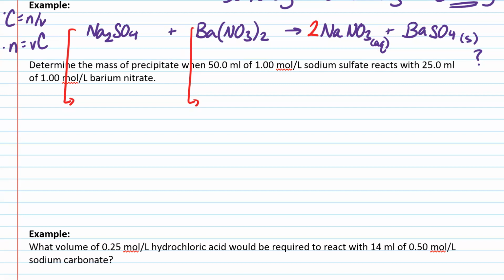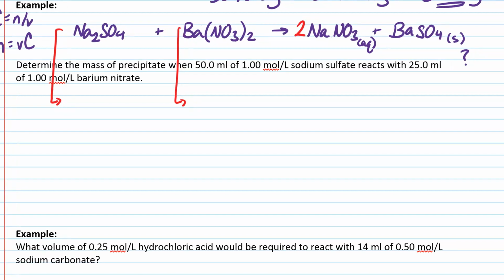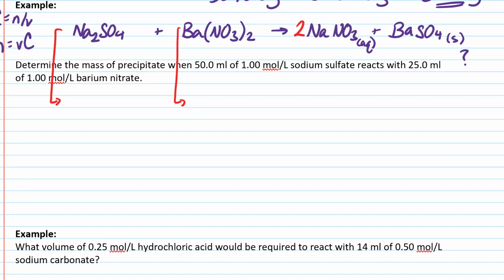But n equals volume times concentration. Let's look at sodium sulfate. We have 50 milliliters of a 1 mole per liter solution. So the number of moles is going to equal its volume in liters, so not 50 mL but 0.05 liters, multiplied by its concentration of 1 mole per liter.